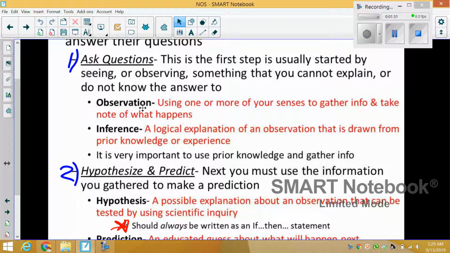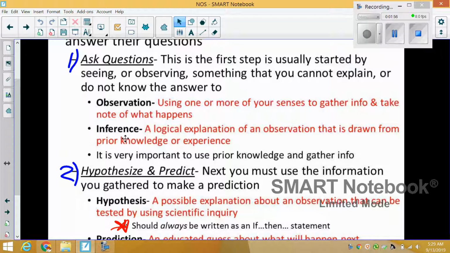And if you think about it, usually when you make an observation, it brings up a question. You can say, oh, what's that sound? Right there, that's a problem that you have to solve. So observations lead to questions. What's that sound? What's that smell? What's that noise? Those are all things that lead to questions, which then we want to solve.